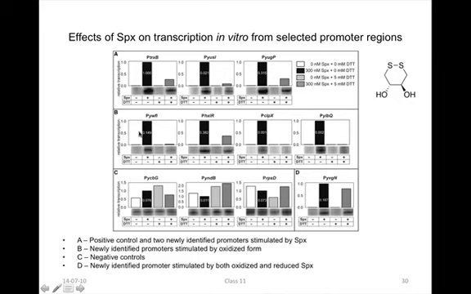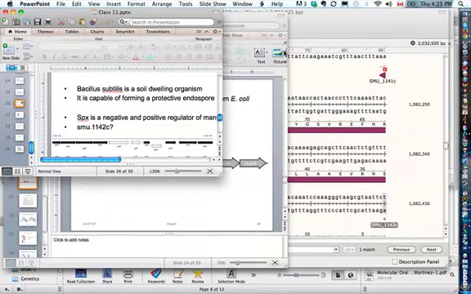Same thing for the letter B, oxidized by 4 different promoters. C, like I said, these are your negative controls. And D, it's oxidized and reduced. So PYVGN is both under the SPX control. And that's it. That's all of those.